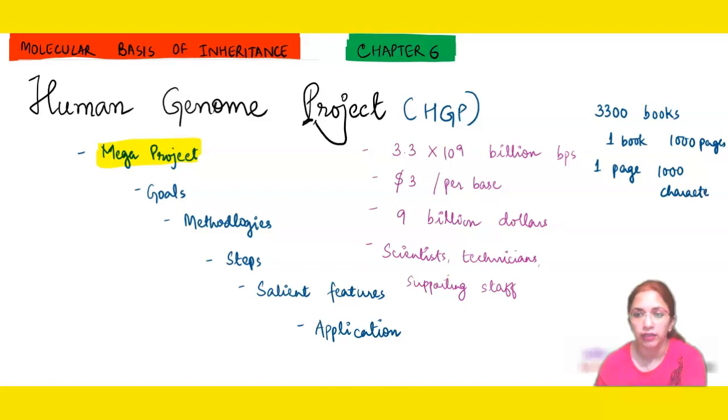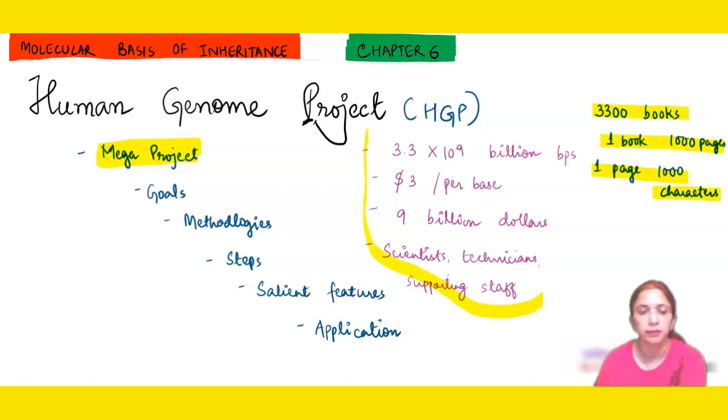Okay, that is why this was counted as a mega project. So this is important: 3,300 books, in each book 1,000 pages, and on each page 1,000 characters. So all these points support that this was a mega project.